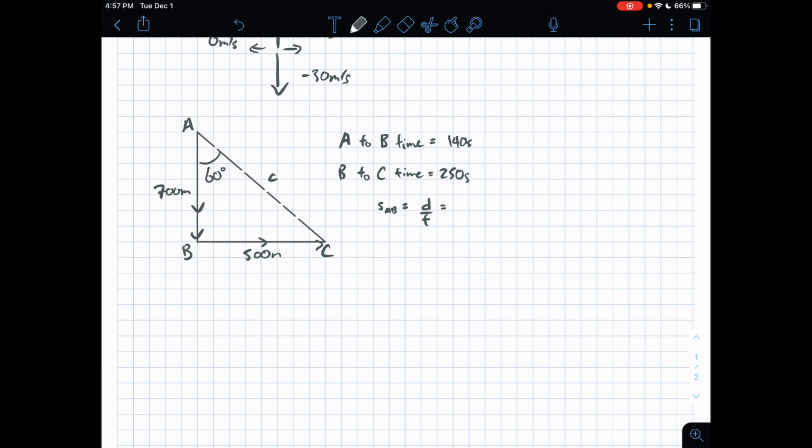That would equal 700 meters over 140 seconds, which would equal 5 meters per second. Do we know how we got this unit here? It's basically meters, because it's distance, which is calculated in meters, over the time, which is calculated in seconds. So your final units would be meters per second.